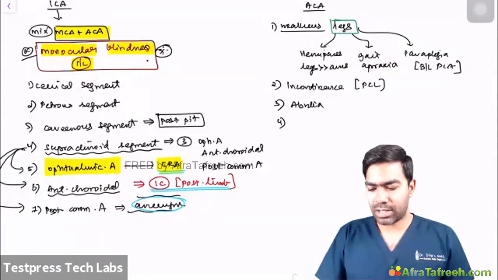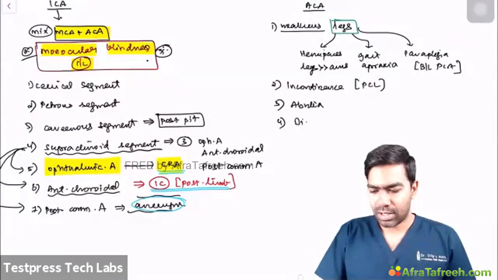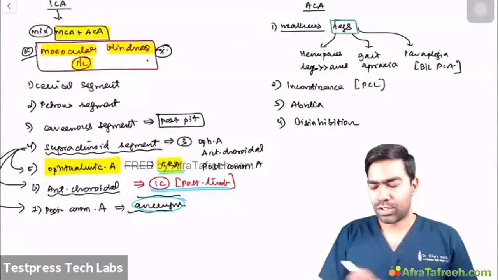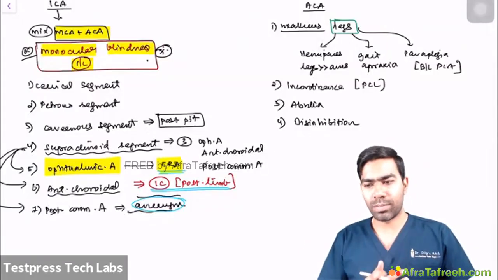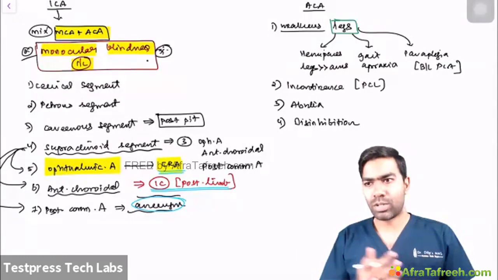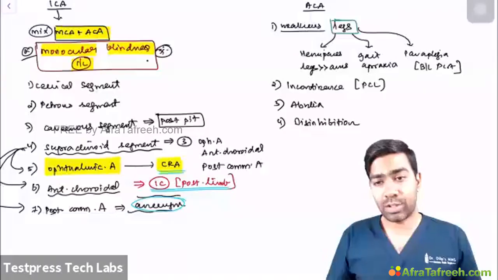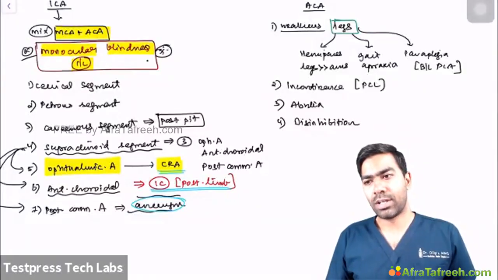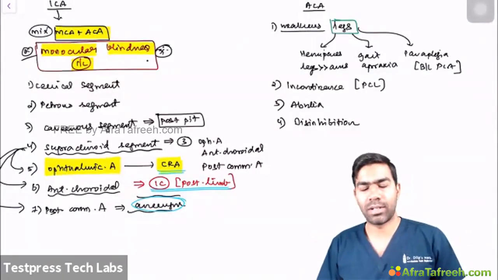And the patient may get symptoms of disinhibition, because the prefrontal cortex is the one that makes decisions and social judgments. Disinhibition means you don't want to do something, but still you decide to do it because of the disinhibitory behavior. One important area of interest is the prefrontal cortex. If they ask you the seat of consciousness, you can talk about the reticular formation present in the brainstem.